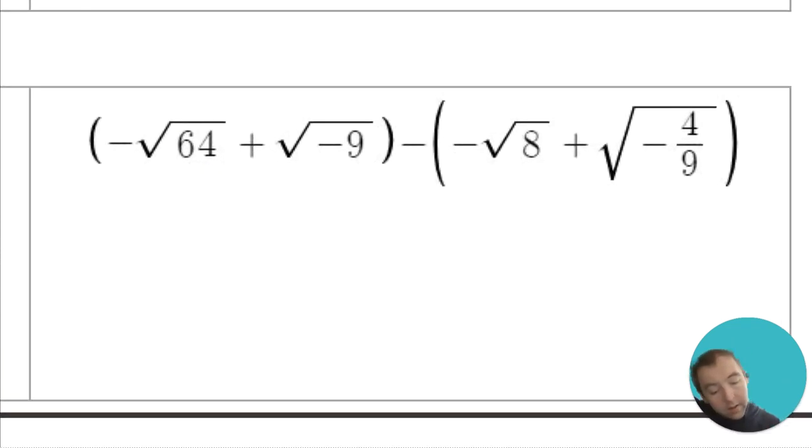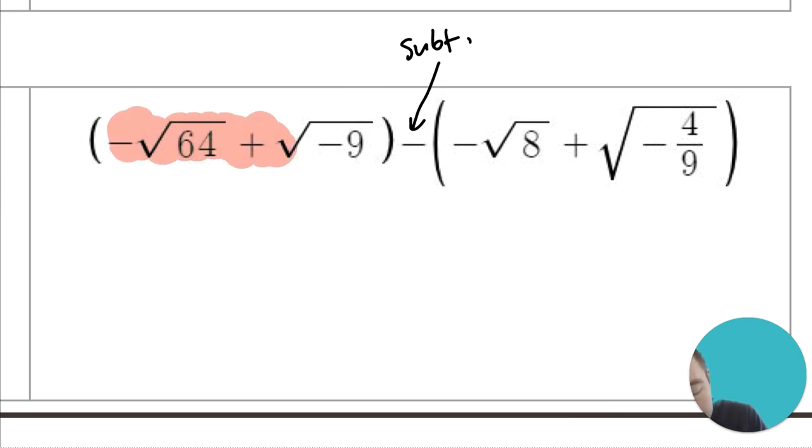And then here, this is really, at its core, just a subtraction problem, because you're subtracting the second grouping from the first grouping, right? Now, when you look at the first grouping of numbers right here, you have -√64 plus the root of -9.